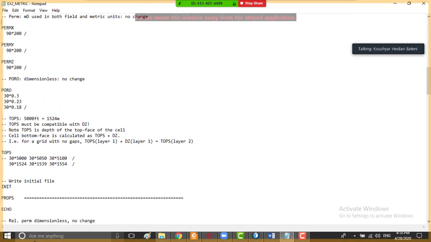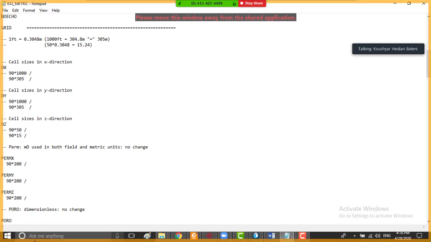In the grid section, you specify the important geometrical properties of the reservoir that you are simulating and some basic rock features.